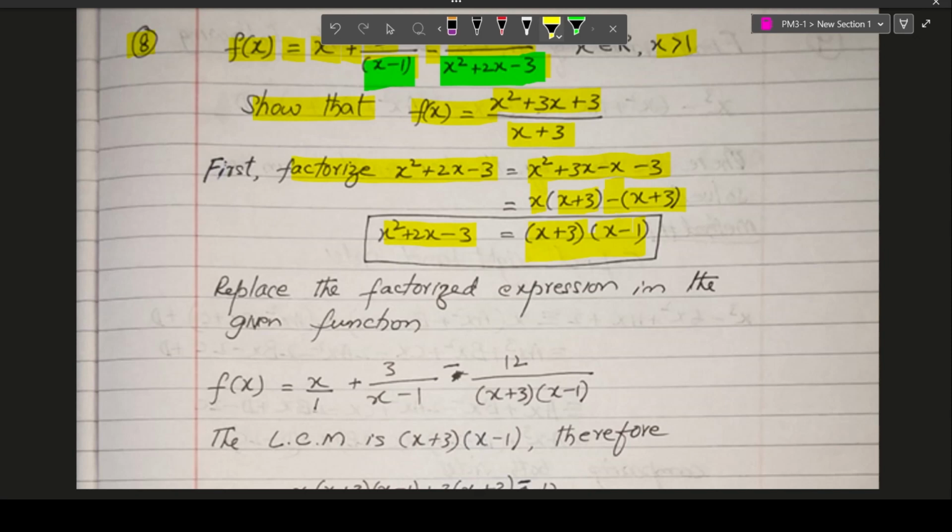So let's replace the factorized expression in the given function.